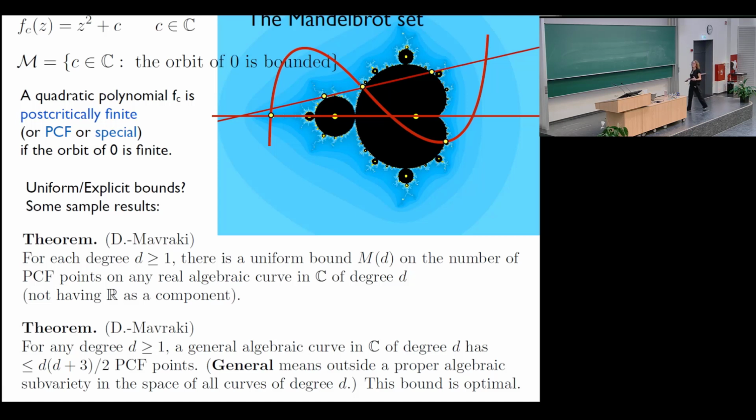Okay? So we do know what the bound is typically for a general such curve. And as I said, this bound is actually optimal. I mean, in the case of lines, this d equals 1, this is just the number 2. Of course, there are a lot of lines that have 2 yellow dots, because as I said, you can take any 2 yellow dots and you can join them by a line. This bound turns out to be optimal.